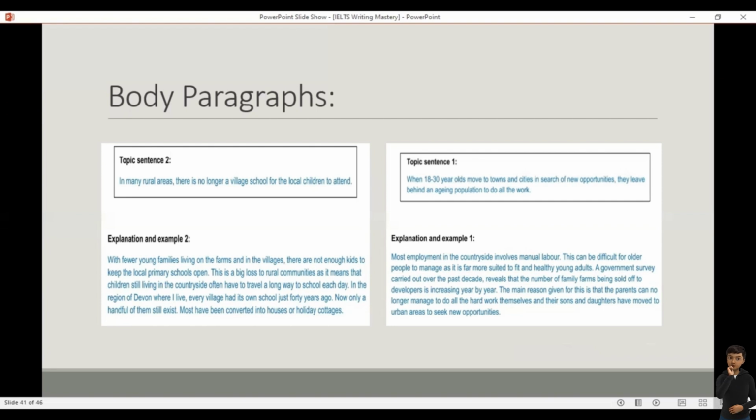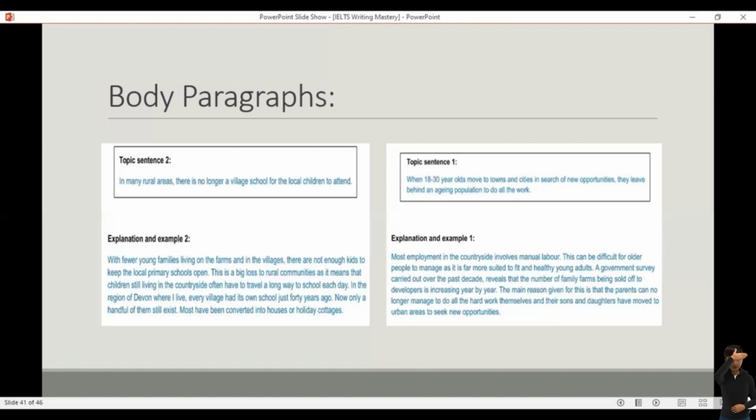Now, let's have a look at body paragraph 2. Here we have topic sentence 2. In many rural areas, there is no longer a village school for the local children to attend. And next, we have the explanation. With fewer young families living on the farms in the villages, there are not enough kids to keep the local primary schools open. This is a big loss to rural communities as it means that children still living in the countryside often have to travel a long way to school each day.